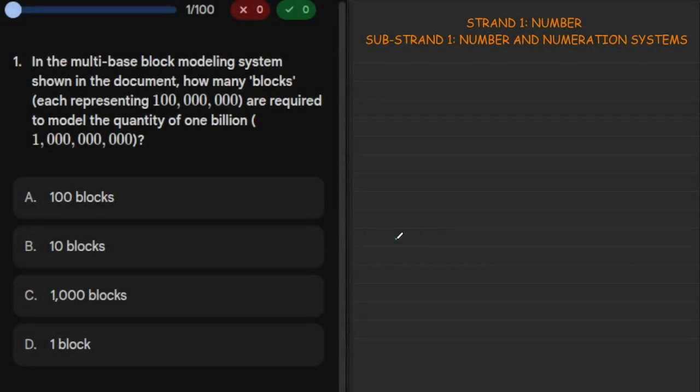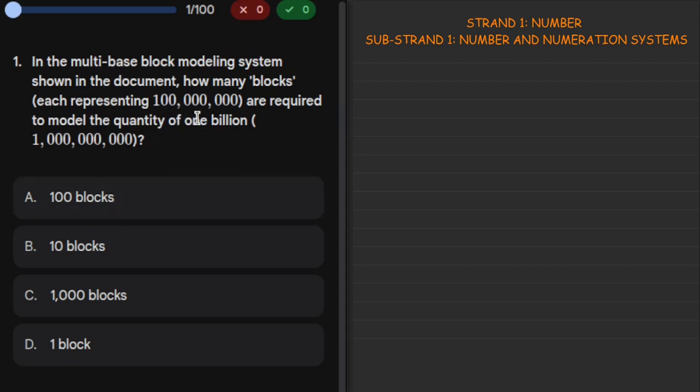So our first question says, in the multi-base block modeling system shown in the document, how many blocks, each representing 100 million, are required to model a quantity of 1 billion?